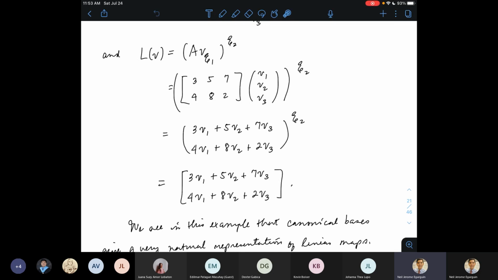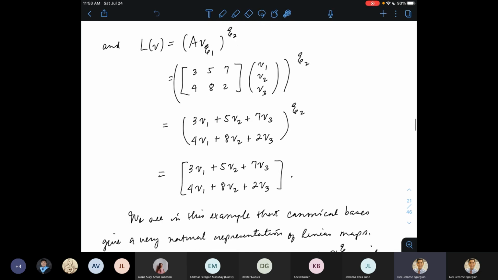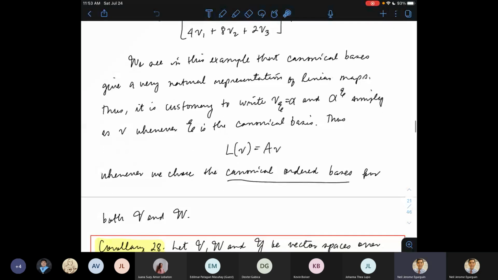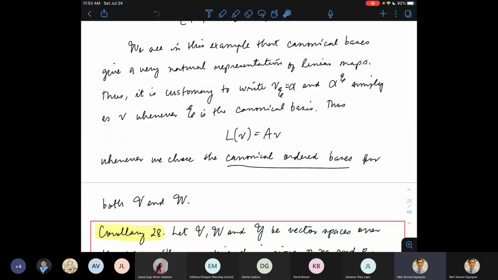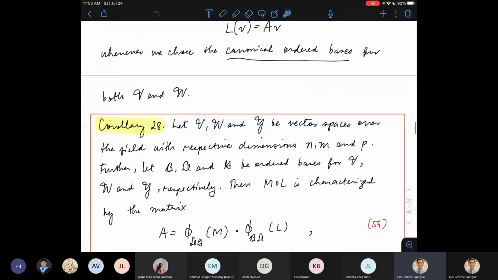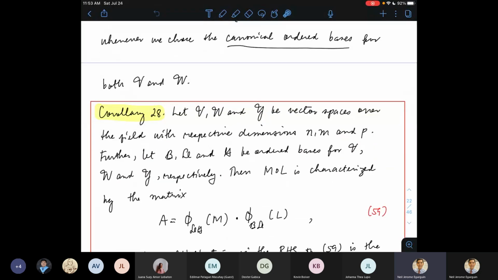So every matrix will give rise to a unique linear transformation with respect to an ordered basis. Okay. All right. So yeah, I just continued on and said something about the canonical ordered basis. But is the conversion clear? I hope that's fine because I just gave you one example for it.